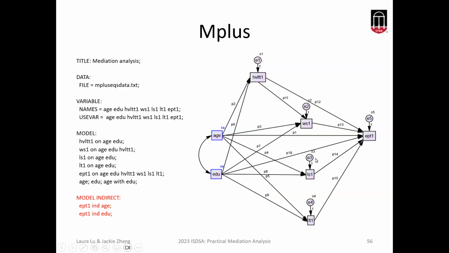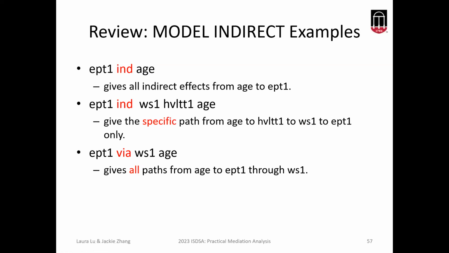So EPT here, dependent variable, IND, H. So all possible indirect effects from H to EPT. And EPT IND EDU, so all possible indirect effects from EDU to EPT.